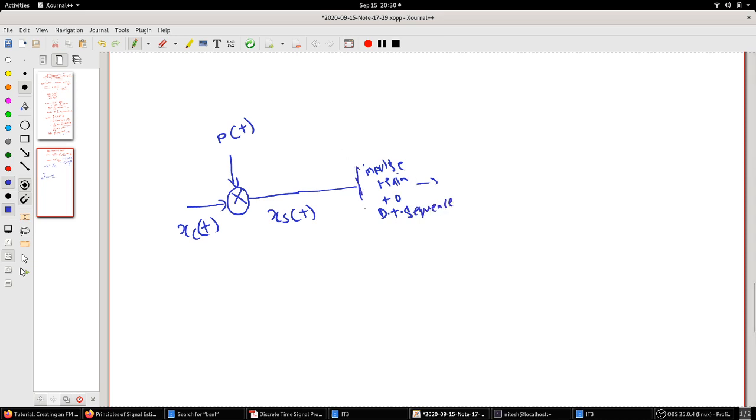This was done using another block, which gives x of n, the same as xc of nT, because your xs of t is xc of nT into delta of t minus nT.